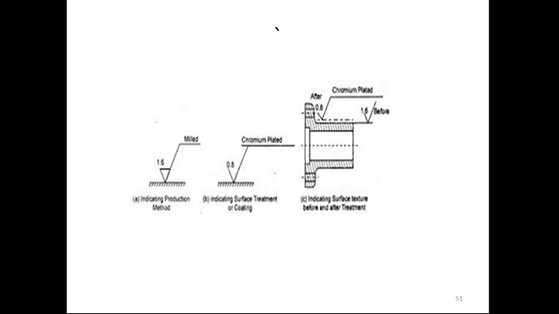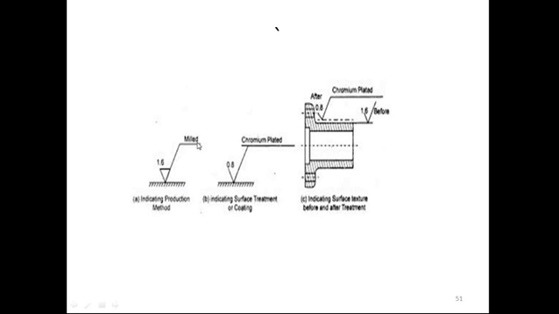In this case, we make this triangle symbol and create a leader line to this triangle. Above this line we write down which kind of process we want to carry out. Here we want to carry out the milling operation, so I have written milled. This is the surface on which I want to carry out the milling operation.